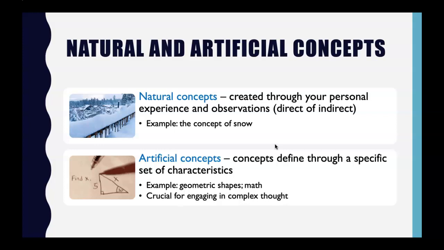Yeah, different things in life are shaped as a triangle, but a triangle in and of itself only exists as a set of characteristics. And what are those? It has 3 sides, 3 angles. The interior angles equal 180 degrees, I'm pretty sure. I'm not a mathematician, I'm a psych person. But anyway, you get the point.